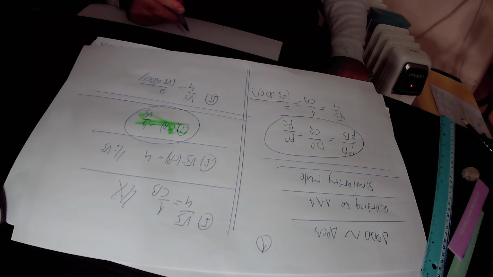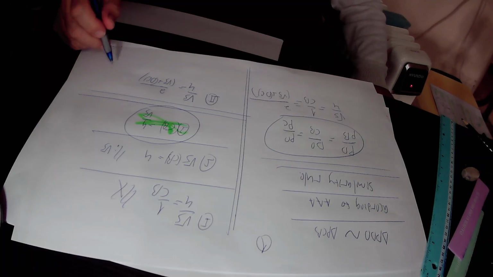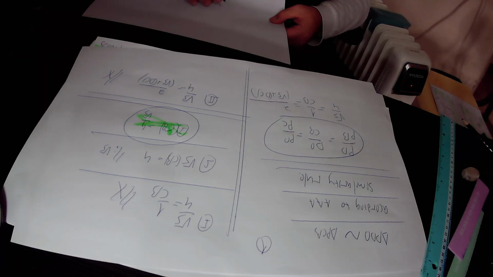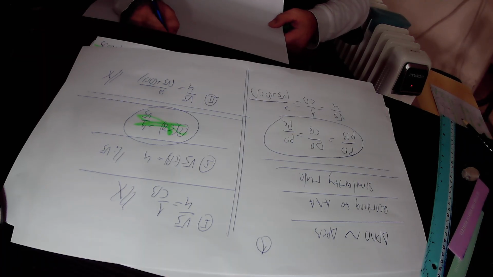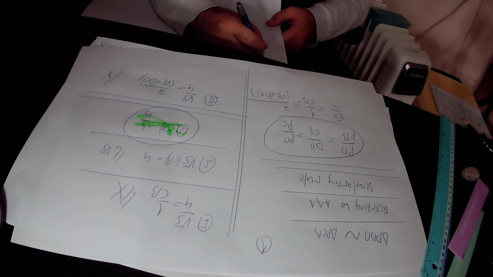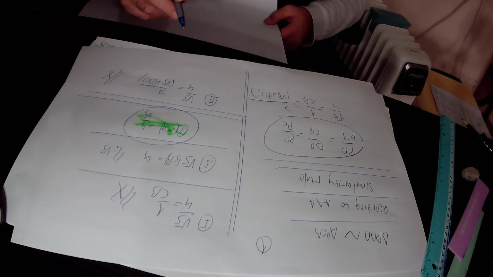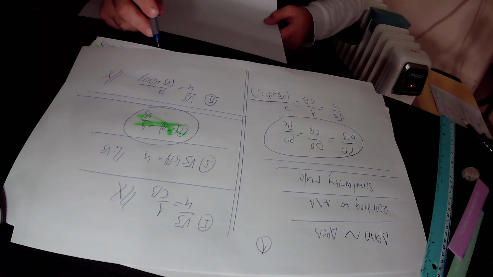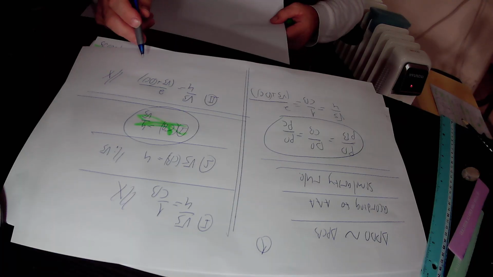Here we will cross multiply equation 2, and get 2 times 4 is 8. So 8 equals the square root of 5 times the square root of 5 plus DC.